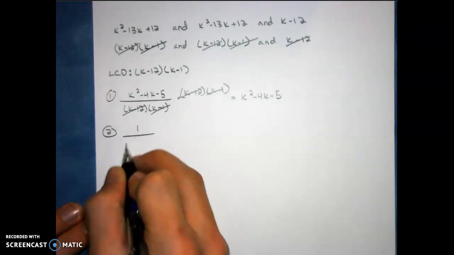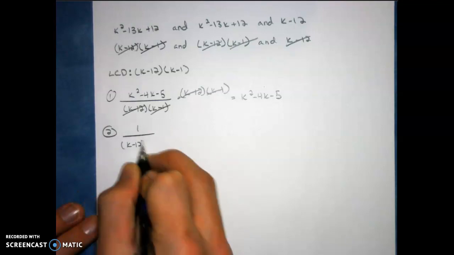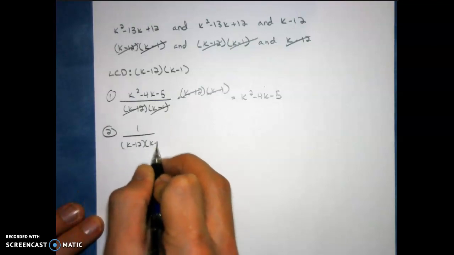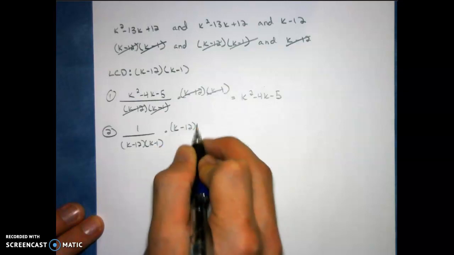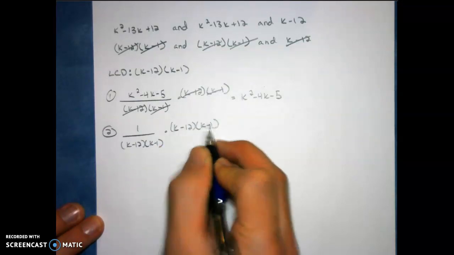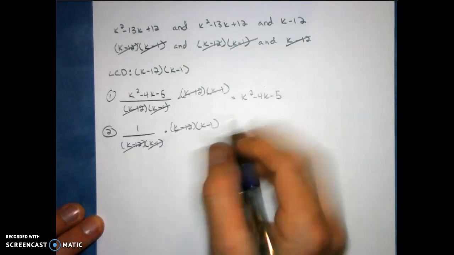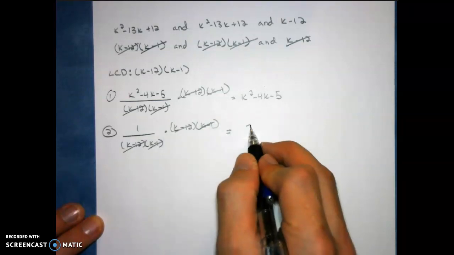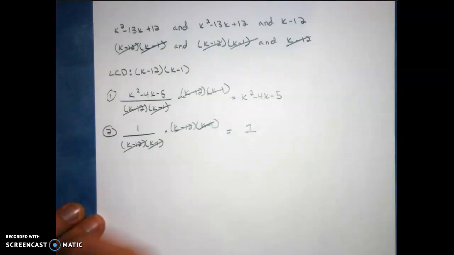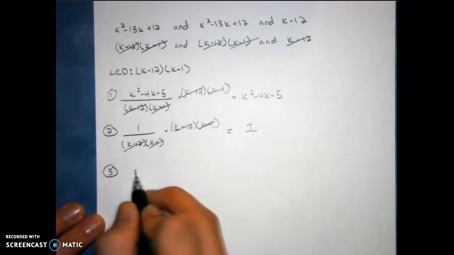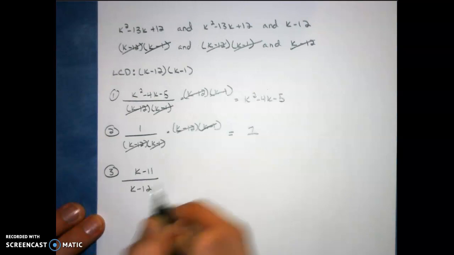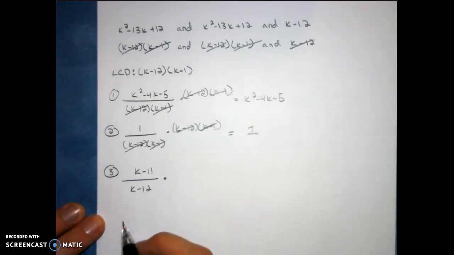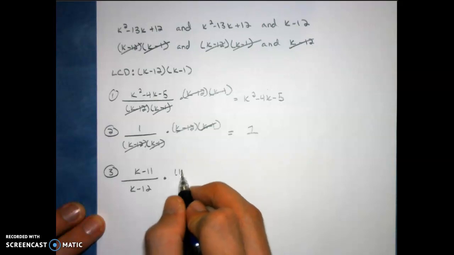All right, second one. We have 1 over k minus 12, k minus 1, multiply by the LCD. Both cancel, we're left with just 1. Then the third one, we have k minus 11 over k minus 12, multiply by the LCD.